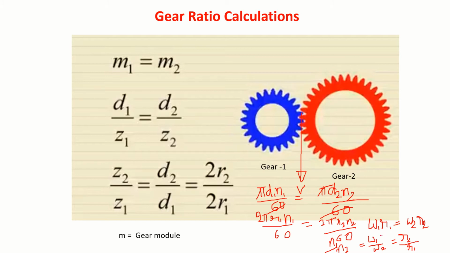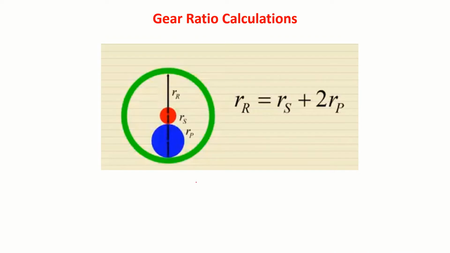So that's what you can call the speed ratio. You can relate it with the radius. That means you can relate it with the number of teeth. If you fix the number of teeth of the input and output gears, we can get the required speed ratio. So now let us do some gear ratio calculation.